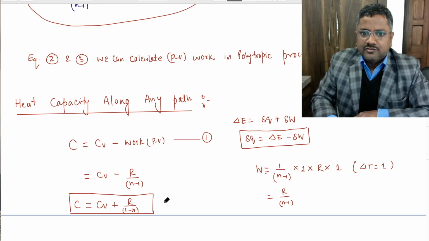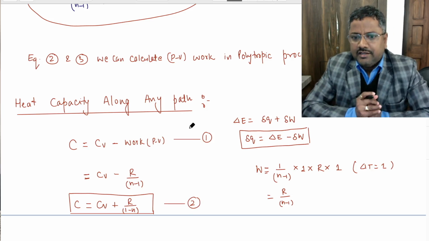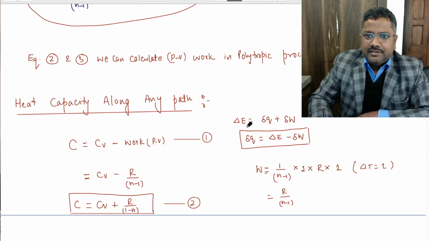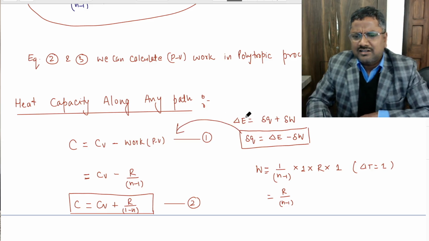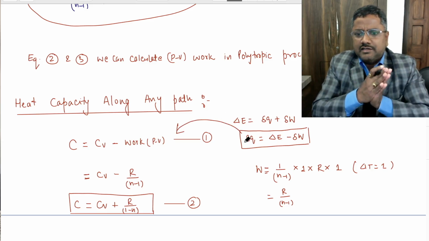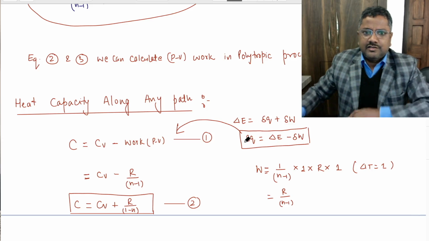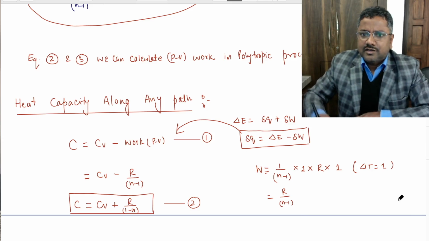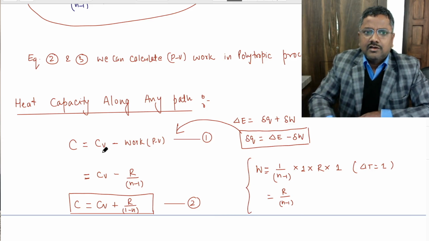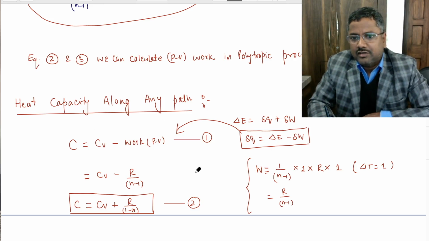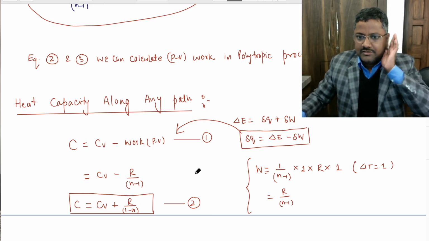So you can use this equation to calculate the heat capacity along any path, right? This equation 1 we can write from this, but no need to derive all those things, and much derivation is not required for you. So that's why I am directly writing this, right? This is a very important formula.